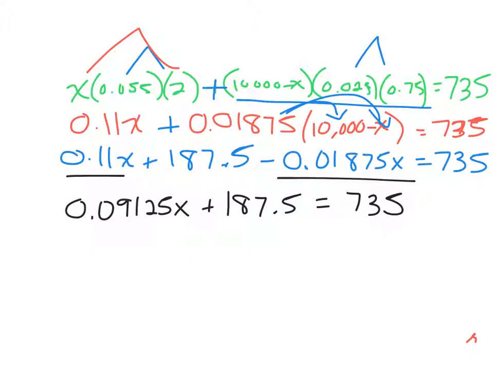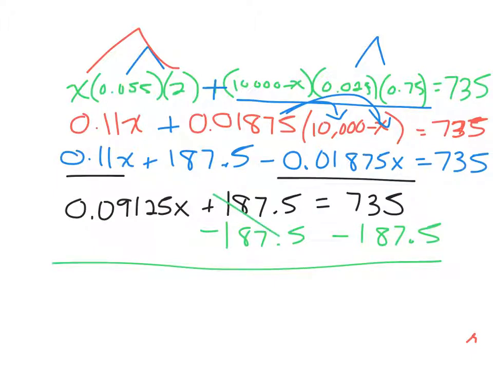We need to get x by itself, so I'm going to subtract 187.5 from both sides, leaving me with 0.09125x on the left is equal to 735 minus 187.5, which equals 547.50.